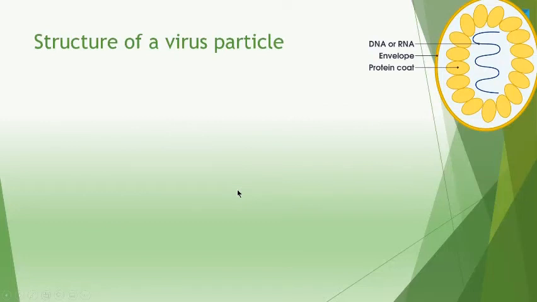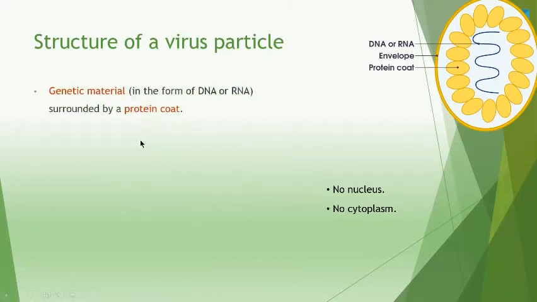Now let's look at another learning objective, which was the structure of a virus particle. First of all, viruses have no nucleus, nor do they have cytoplasm. This is why they are neither eukaryotes nor prokaryotes.